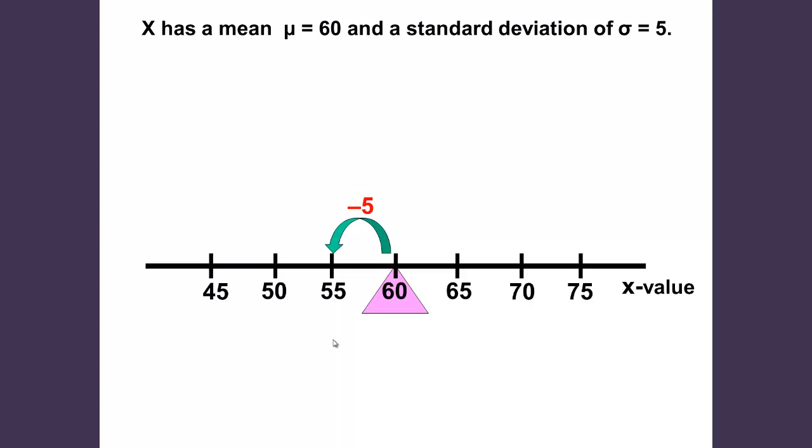The x value of 55 corresponds to a negative z-score, a z-score of -1, because it is 1 standard deviation jump to the left, or -1 standard deviation jumps from the mean.